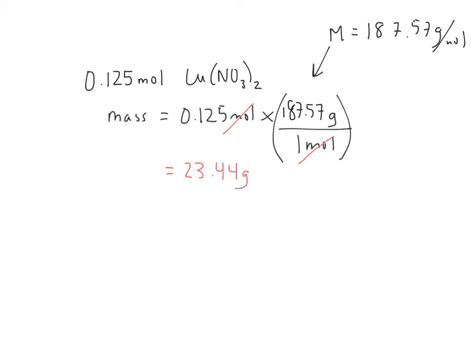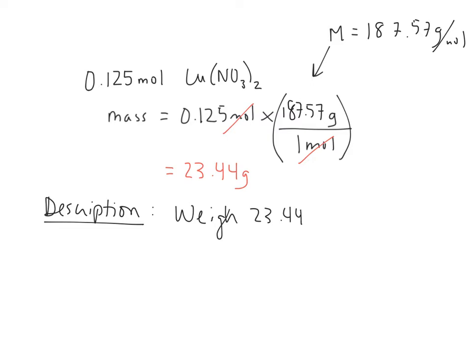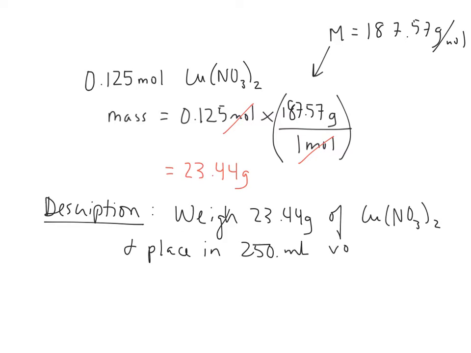Okay, and then just as a little bit of a description, because you are physically going to be doing this in a lab activity probably tomorrow, what I would need to do is weigh or mass out 23.44 grams of my copper 2 nitrate, okay, and place it in a 250 ml volumetric flask.